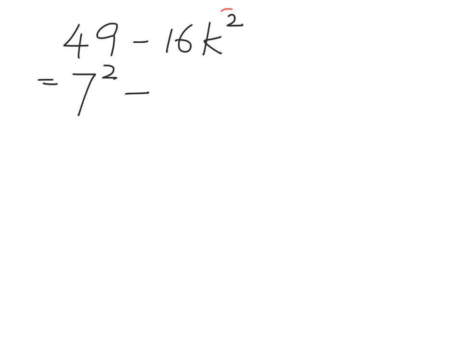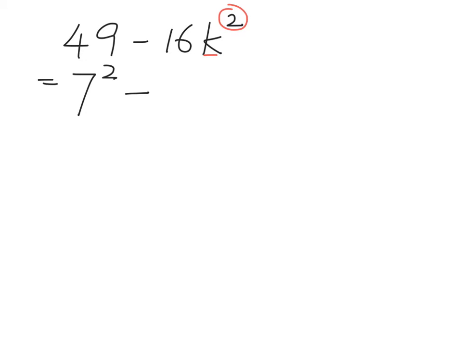Now, let's consider this example. 49 minus 16k squared. So the first job, we want to study whether these two can become something squared. 49, so obvious, can become 7 squared. And for 16k squared, just like before, this square only controls the k, right? But not 16. When we want to use a squared minus b squared, the square must control the whole b, right?